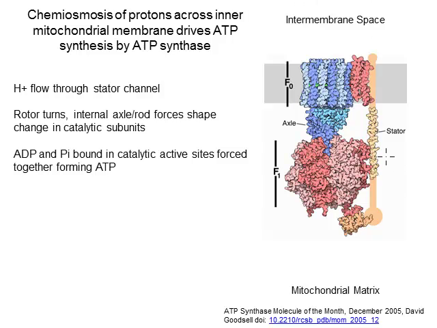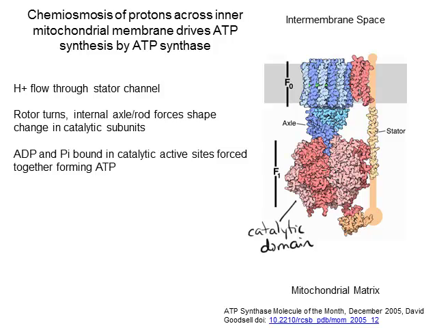And down here is the interior or matrix of the mitochondria. ATP synthase consists of multiple subunits that come together to form a stationary stator, here in yellow, the catalytic active sites where ADP and phosphate bind and combine to form ATP, down here in pink, and then a rotor region with a connected axle or rod that inserts into the catalytic knob.